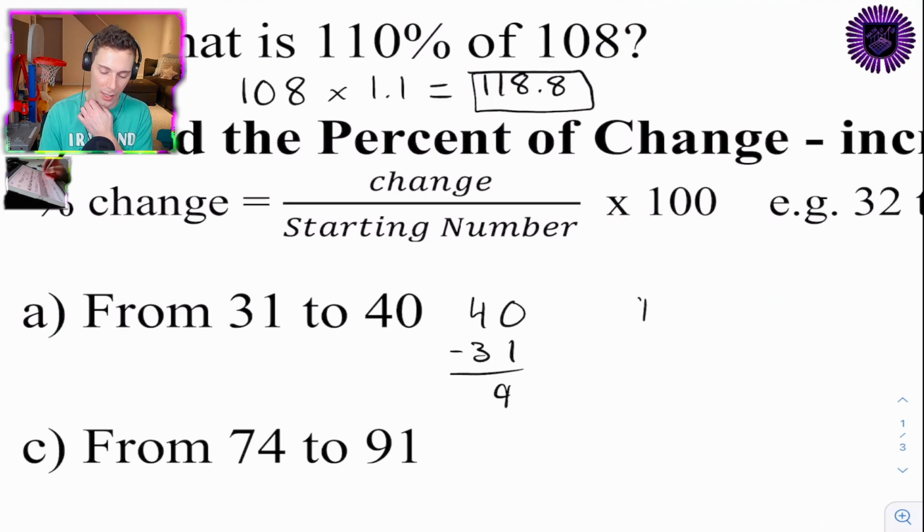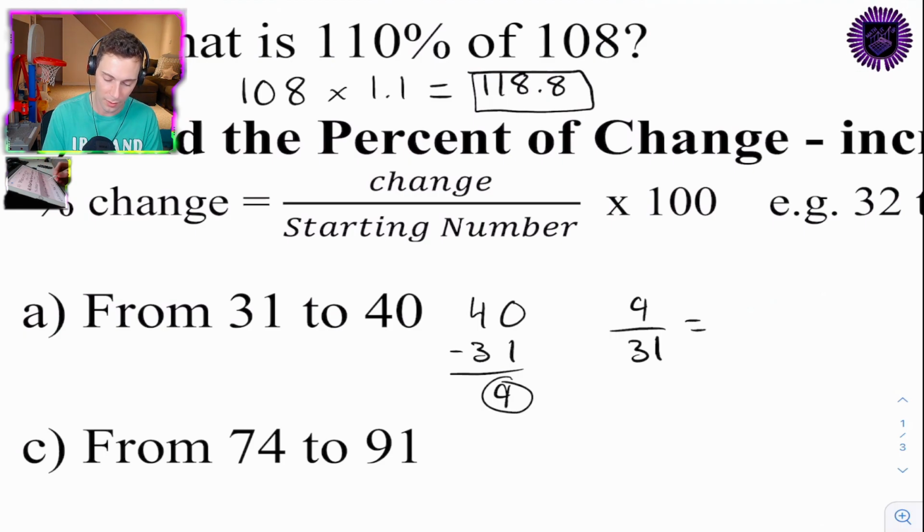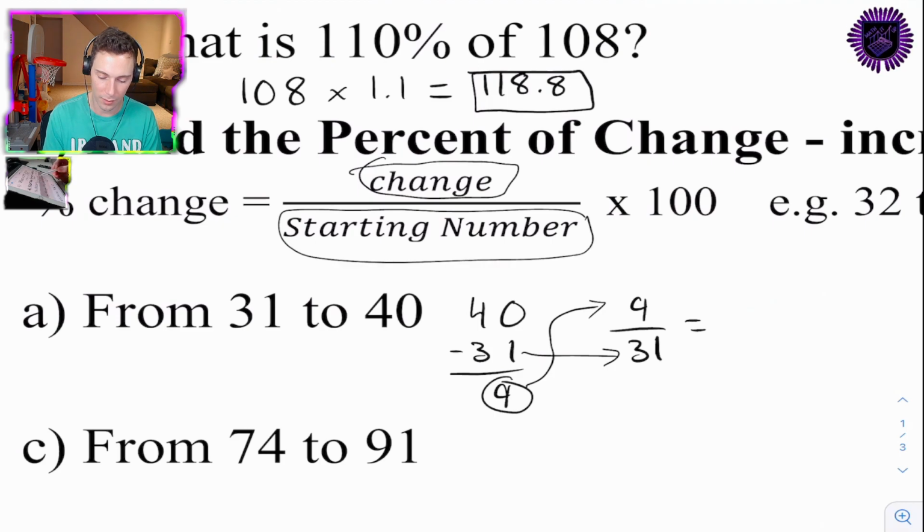And it's going to be 9 over 31, which will give us a decimal, right? So this is where we go here, and this is where we go there: starting point, change, and starting point. That's where we get those numbers.